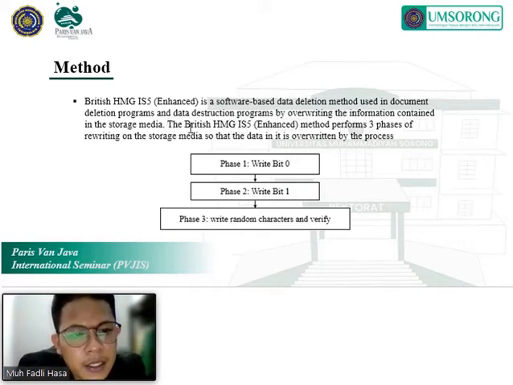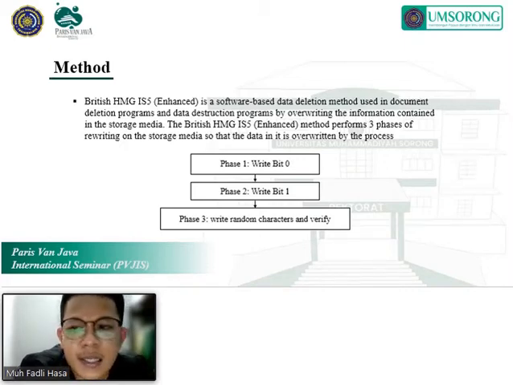It is used by the United Kingdom government as a standard for data deletion. This method performs three phases of rewriting on the storage media so that the data in it is overwritten by the process. Three phases.